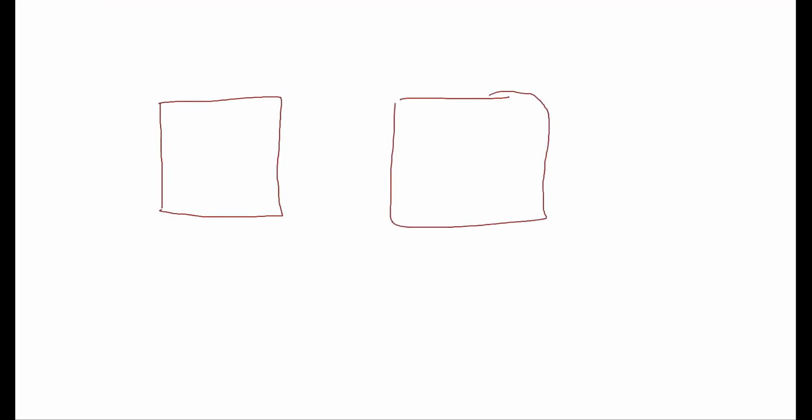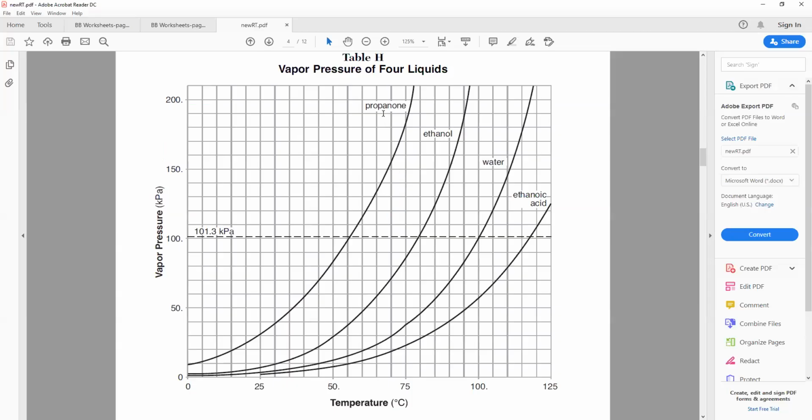Let's go back to our reference table. And we are going to take propanol, the two extremes. We're going to take propanol and ethanoic acid. And we are going to go over here on the dotted line.